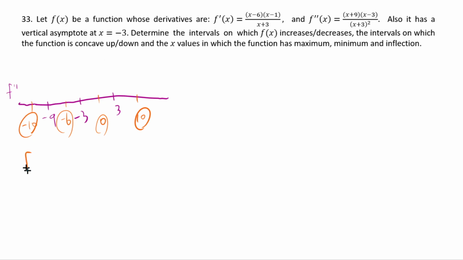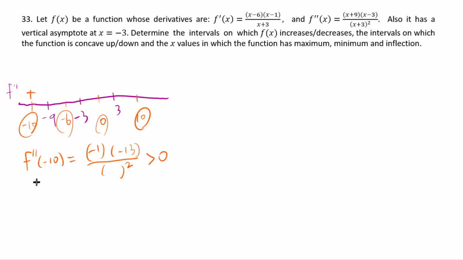And then again we have to evaluate f double prime of negative 10: negative 10 plus 9 is negative 1. Negative 10 minus 3 would be negative 13. And the denominator is squared, so we don't care. It's always positive. So this must be positive.